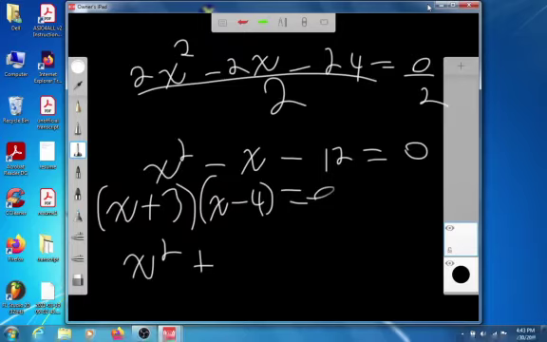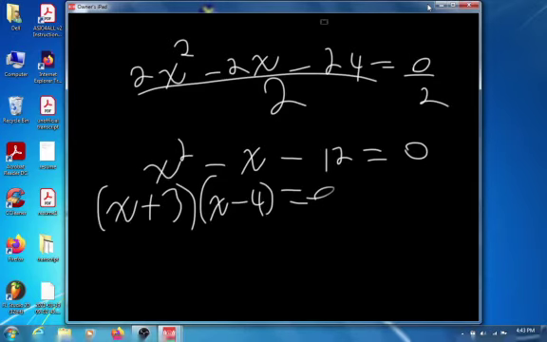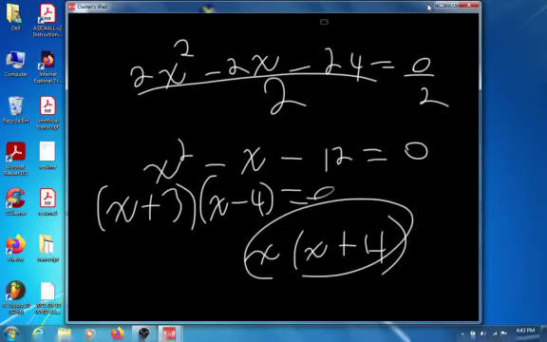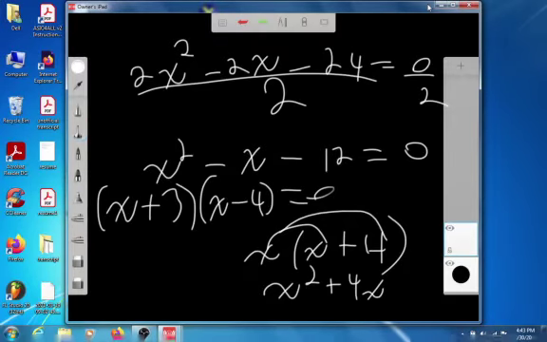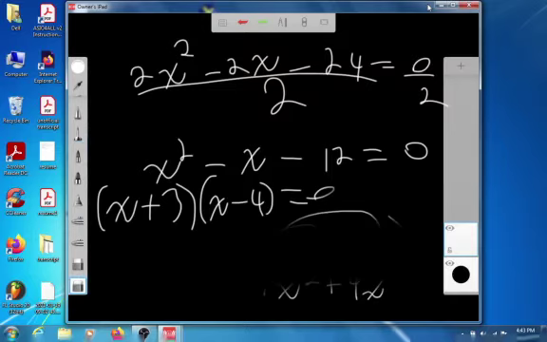And by the way, the FOIL method, another way of looking at it, is just double distribution. So if you remember the distributive property, let's say you have x times x plus 4, you can rewrite this using the distributive property where you multiply this and then add that to the multiplication product of this, which is going to be x squared plus 4x. So that's the distributive property, but the FOIL method is basically double distribution.